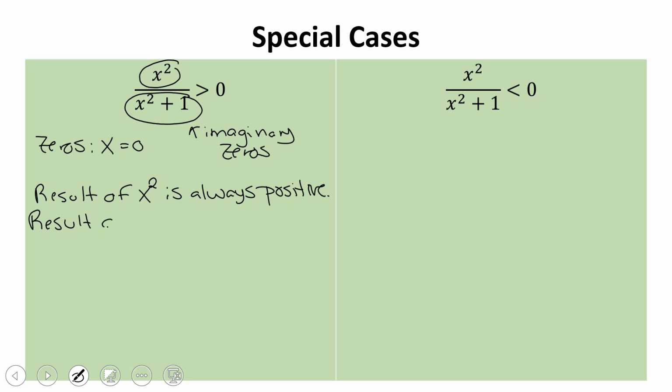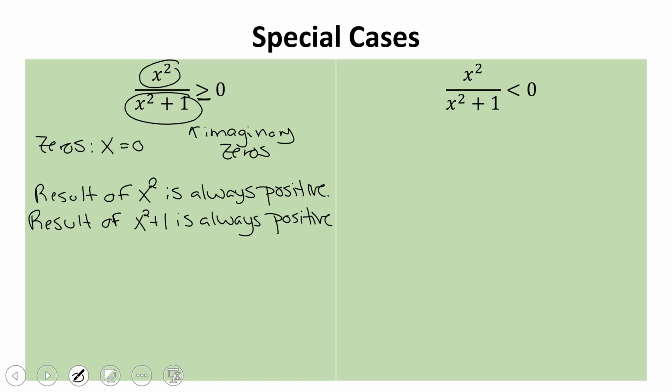The result of x squared plus 1 is also always going to be positive. So in this case, the only thing that's going to throw that off is a 0. Okay. So I really need to do this. This really needs to have an equal to bar on it.